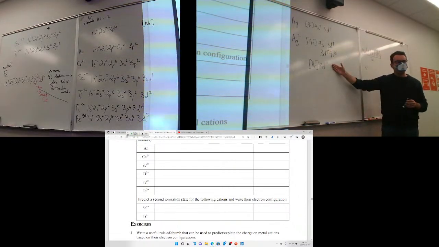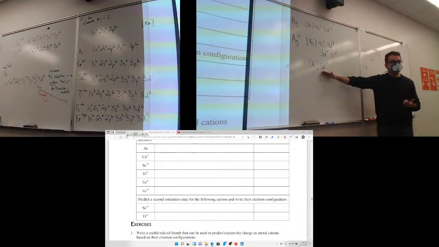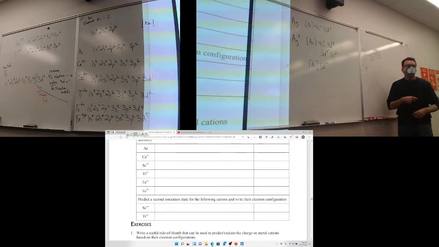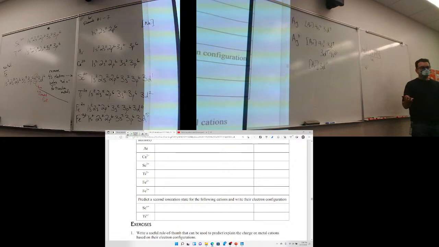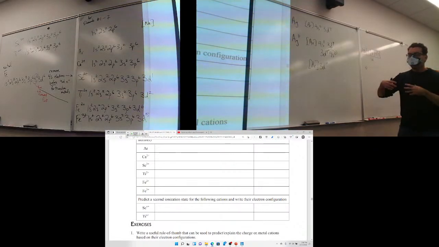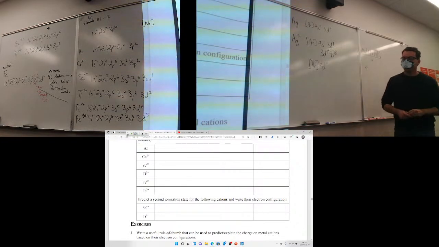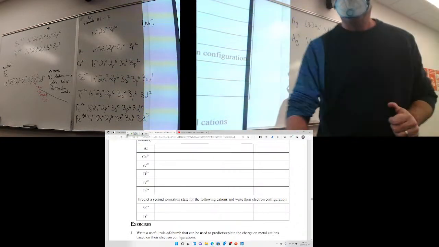You've got an empty s subshell and a filled d shell, which is pretty good for it. And that's why silver is only +1. So we started out with memorizing these exceptions, or not memorizing, but realizing they exist, and we're starting to be able to explain them just from these concepts of electron configuration.